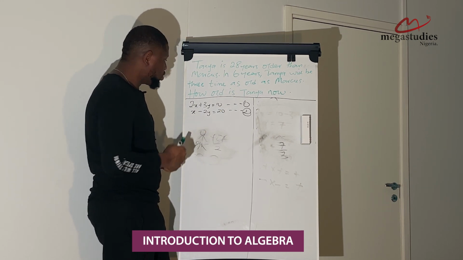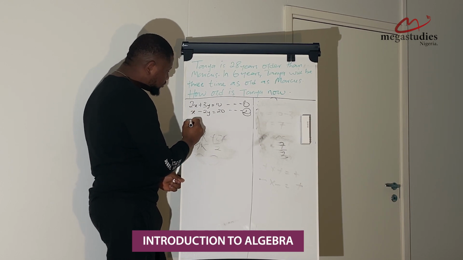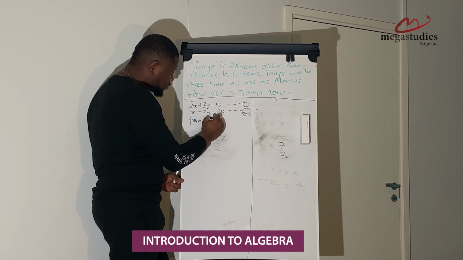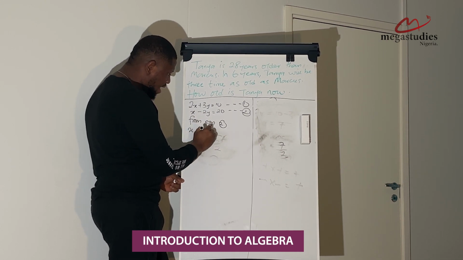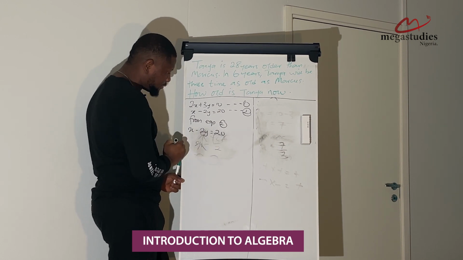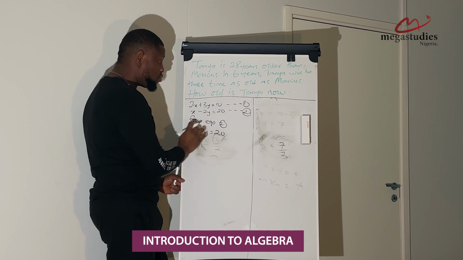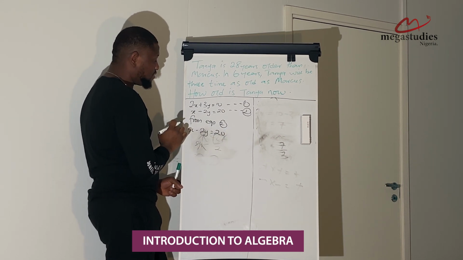What are we going to do? So we said, from equation 2, which is x minus 2y equals 20. Now, if we are making x the subject of formula, definitely we have to push this to this place. That is the implication.